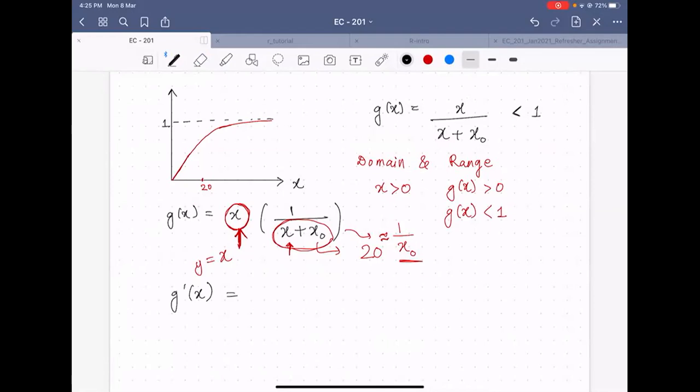That partial derivative, that rule has to be applied. Can you tell me that rule? Does anybody remember? One minute, I've written it down. Yeah, go ahead.